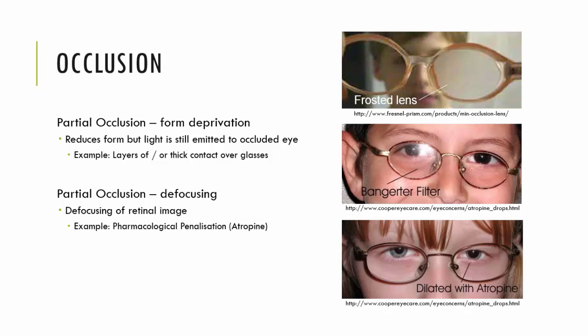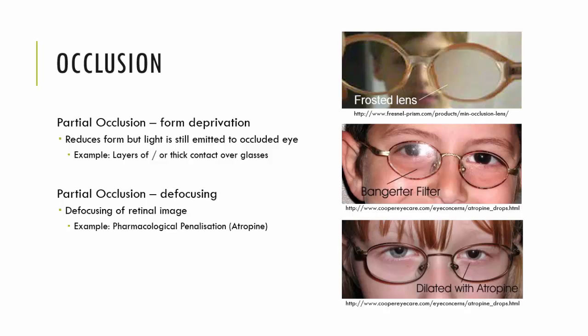Moving on to partial occlusion that is defocusing. Here what we're doing is defocusing the retinal image, and generally this is where we might utilise optical penalisation. Say, for example, I have a child who has +5 hypermetropia in both eyes.